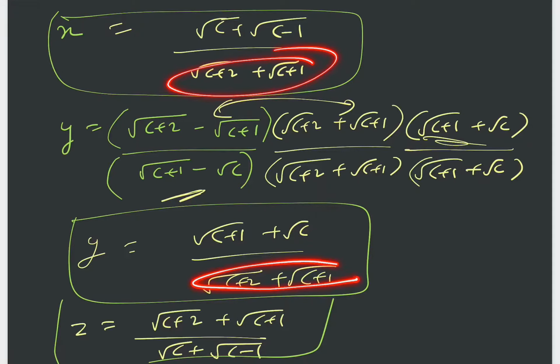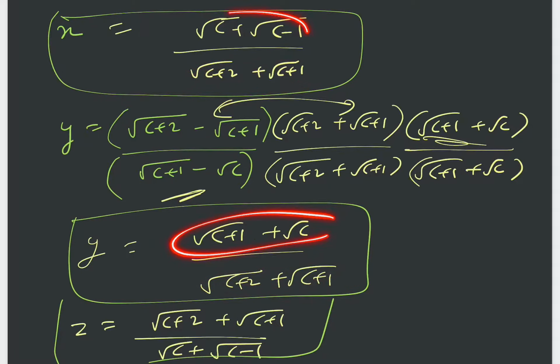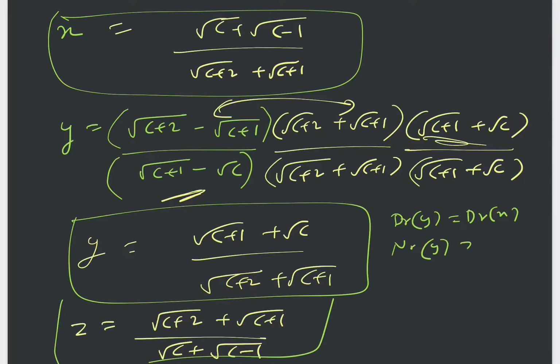The denominators are same for both x and y, but the numerator of y is greater than the numerator of x, because root c plus 1 plus root c will be greater than root c plus root c minus 1. This is very clear. So definitely I can say that y is greater than x, right? The denominator of y is equal to the denominator of x, but the numerator of y is greater than the numerator of x. So by these two logics I can say that y is greater than x.